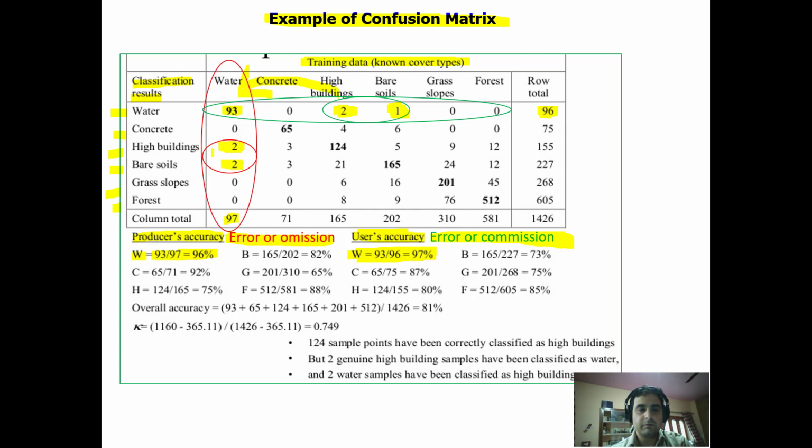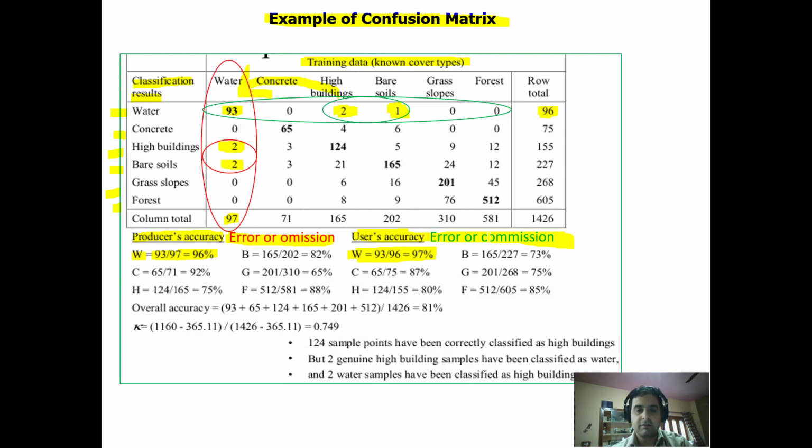Meaning we have omitted 4 pixels here, 2 and 2, which were water, but we omitted these from inclusion in water. But in case of user's accuracy, we committed an error, that is 2 and 1 pixels were not water, but we classified them as water. That means we committed the error.